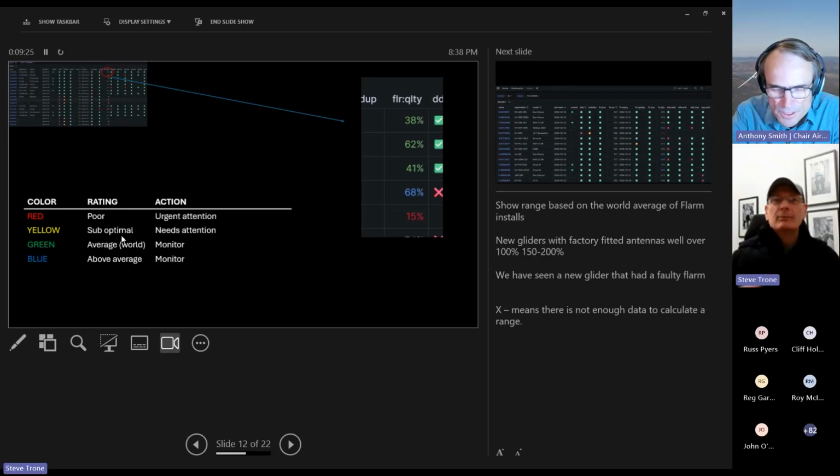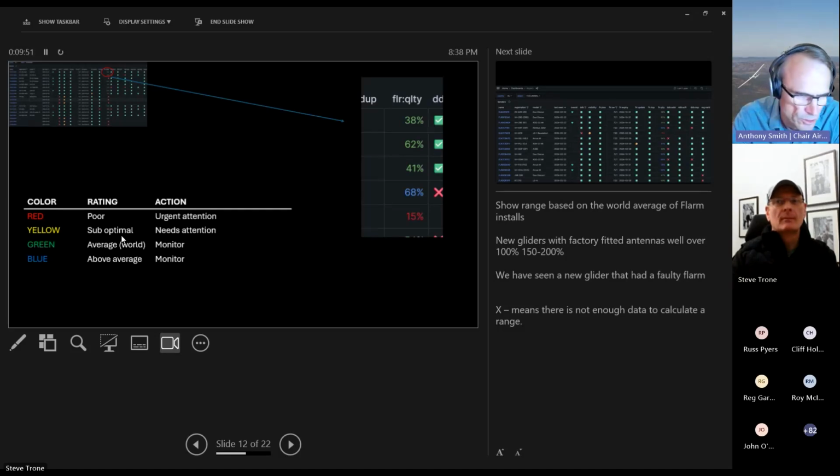I'll just jump in for a minute, Steve. With that FLARM quality number, I have been perusing different sites of different aircraft. It does seem that the website likes to have a reasonable amount of FLARM transmit data. Being winter, a lot of aircraft aren't flying that much, so there's quite a few there with some fairly poor quality numbers.